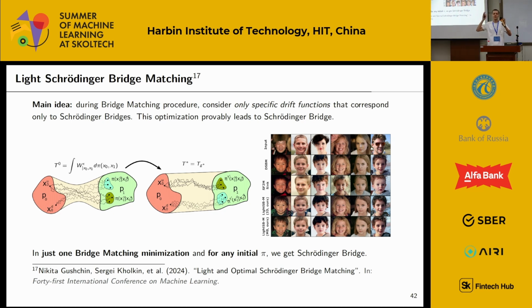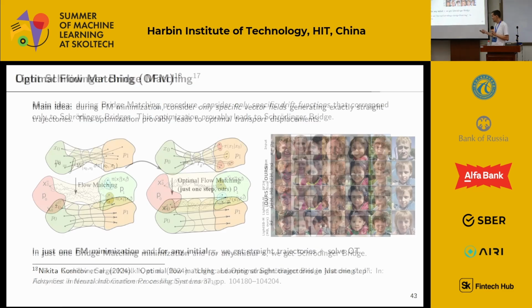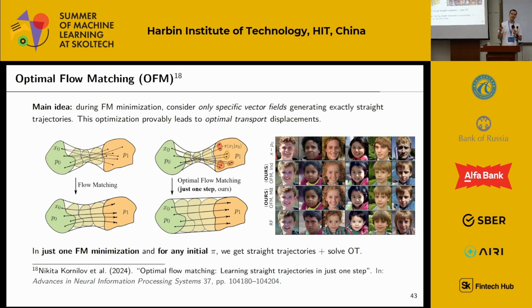You can do it in just one bridge matching step, but optimal in some sense. If you are interested, take a look at this paper. Secondly, you can do the same for flow matching. If you want to obtain a model with straight trajectories in flow matching, you do not need to repeat rectified flows. You can do a kind of optimal flow matching, just once.